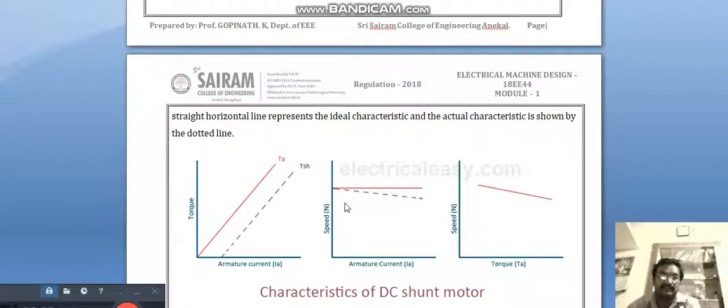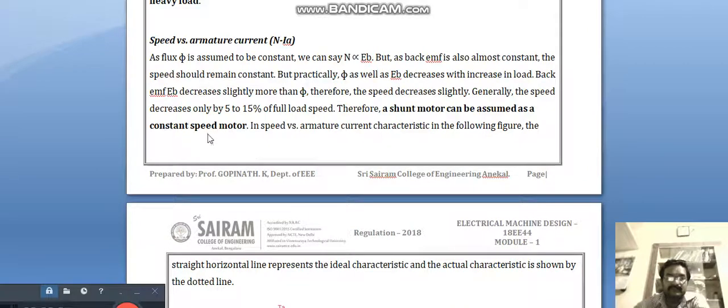The second one is speed versus armature current. DC shunt motors are also called constant speed motors. Even though the load increases, only a small variation will be present. Practically, as the load increases, the back EMF decreases by about 15% at full load.